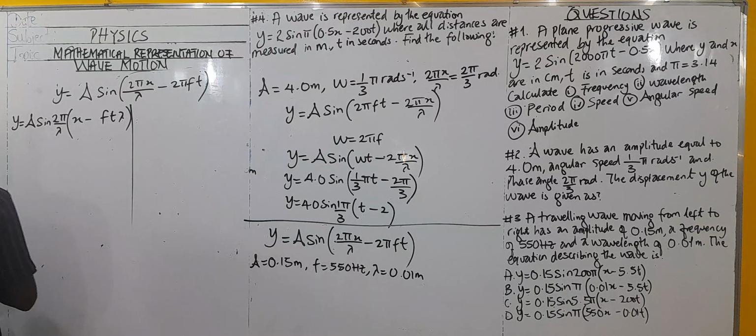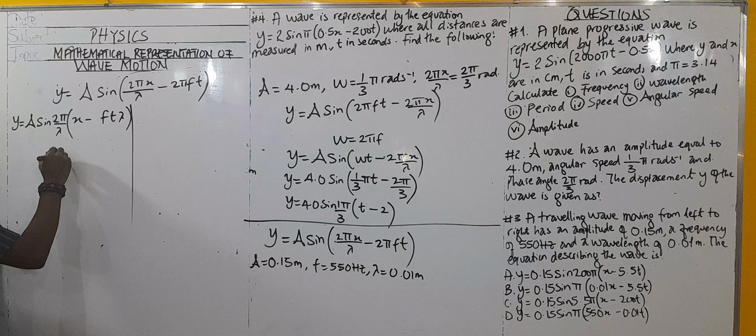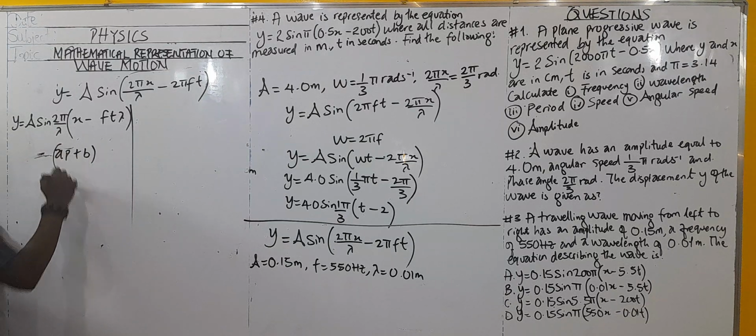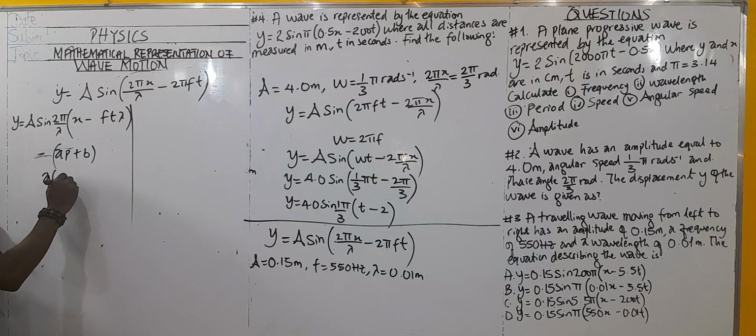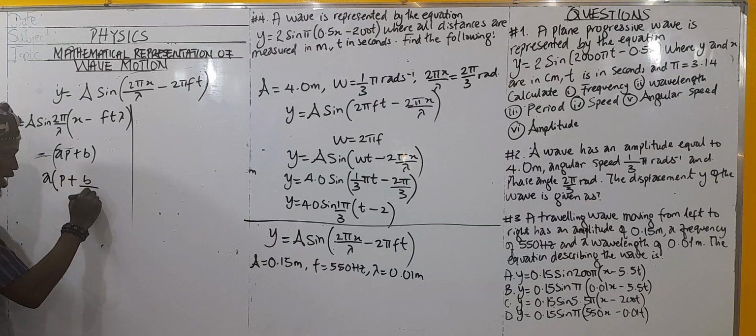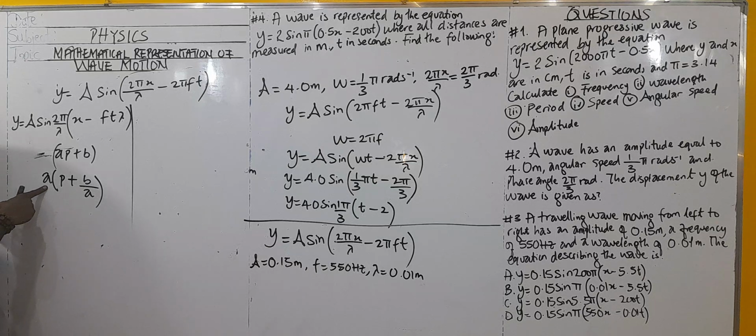Some people are still looking confused. What if I say a? If I say factorize a out of ap plus b, what would the answer be? Going to factorize a, it will be a times p plus b over a.